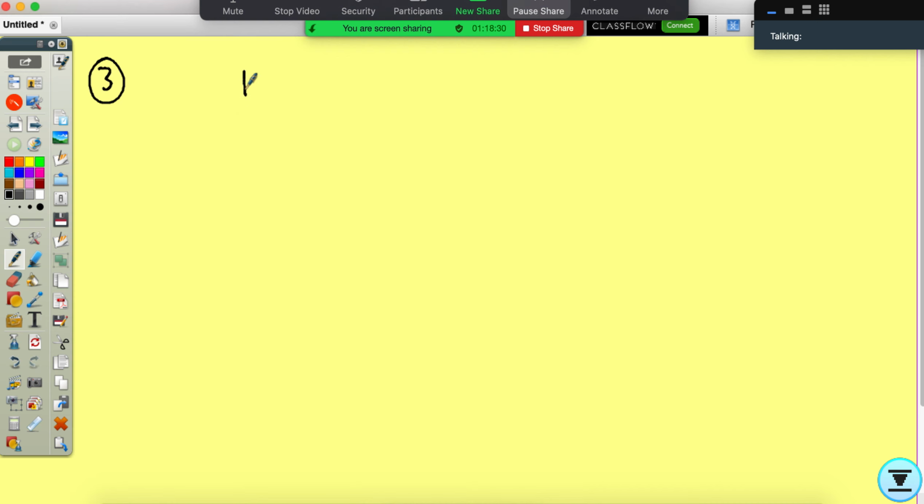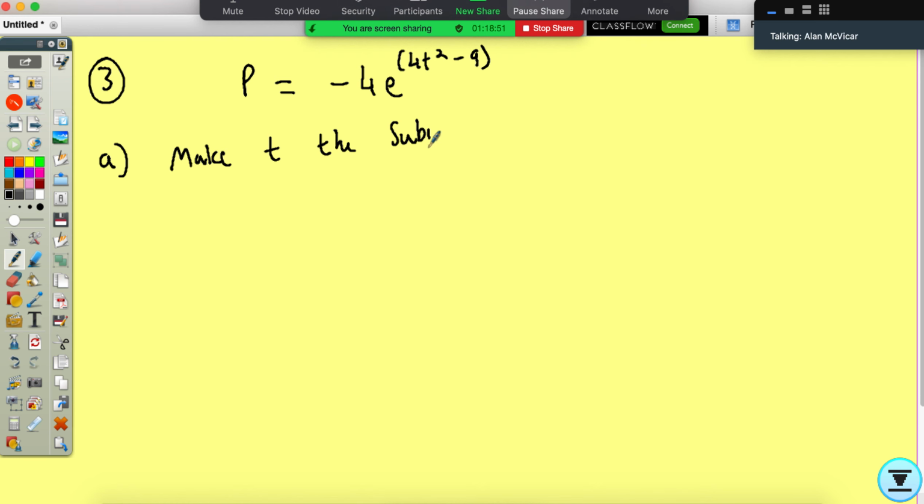So p equals negative 4e to the power of 4t squared take away 9. Make t the subject of the formula.